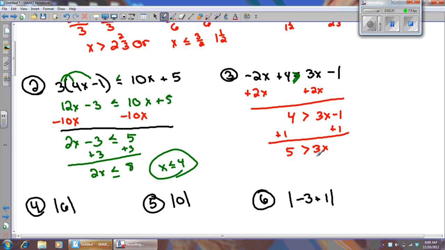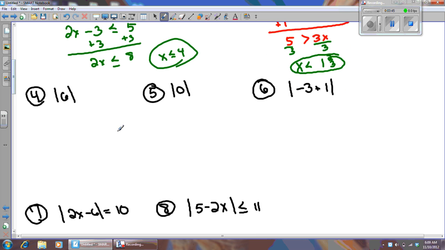I'm going to divide both sides by 3. x is going to be less than 1 2/3. Remember that if I would have multiplied or divided by a negative, then this inequality would have flipped. All right, you may be asked to graph, and then you've got to graph on a number line.